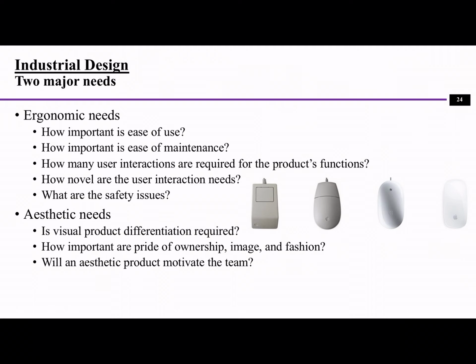Something to mention: I think Apple really is a good example of the adoption of industrial design. Actually, it fundamentally changed the company, because I remember a lot of years ago, the smartphone was not actually an innovation from Apple.